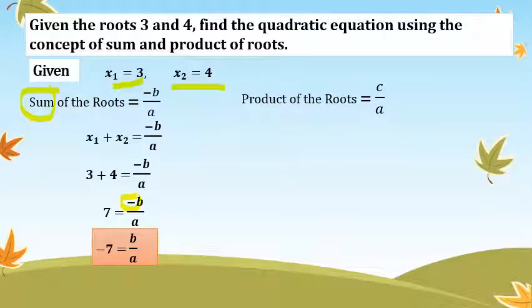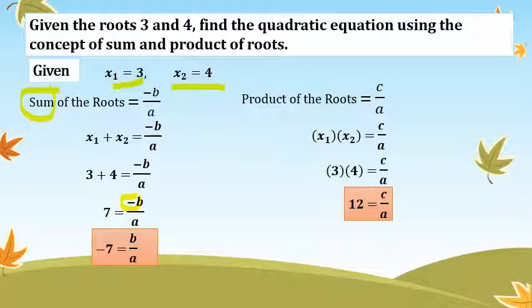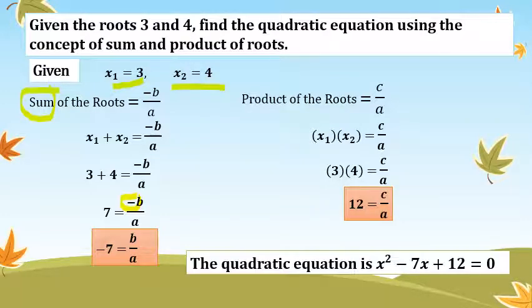For the product of the roots, so c over a, x of 1 times x of 2 equals c over a. So 3 times 4 equals c over a. 3 times 4 is 12. 12 equals c over a. So the quadratic equation is x squared minus 7x plus 12.